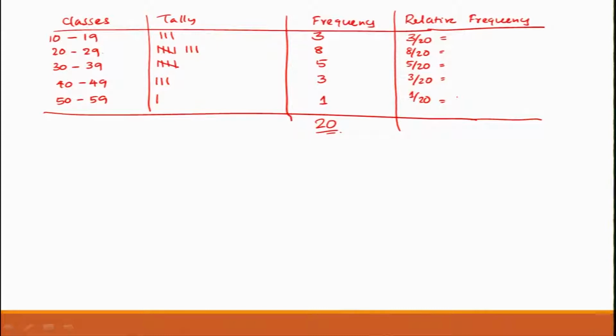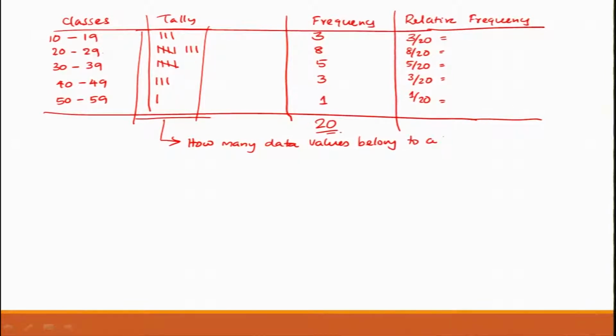Now, in doing this, this is the area where we identify how many data values belong to a specific class. And that is what the tally identifies for you. So, in this process you are losing this information.